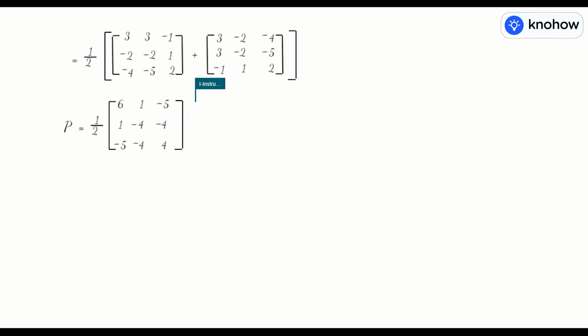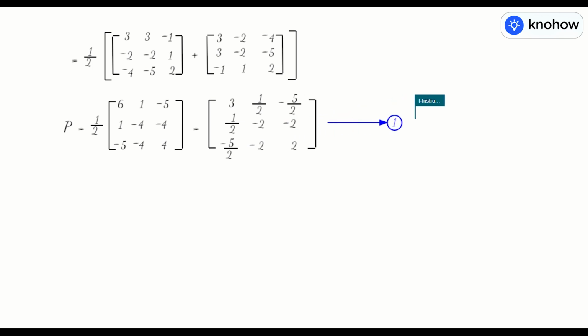Column wise, 6, 1, minus 5, 1, minus 4, minus 5, minus 4, 4. So that's what you get for P, multiplying each element by half. You get 6 by 2, that is 3, half, minus 5 by 2, half, minus 2, again minus 5 by 2, minus 2, and 2.